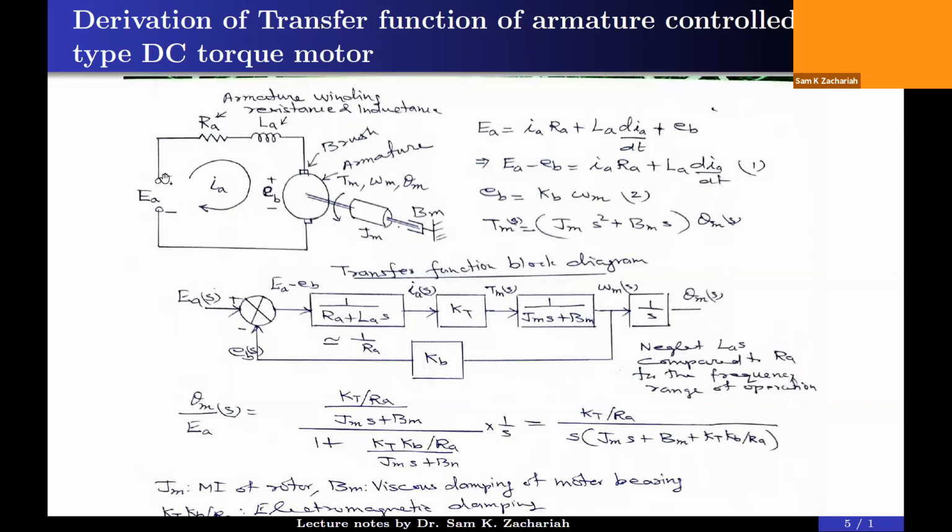Now suppose I remove the battery. That is simply an open circuit, equivalently replaced by making RA infinity. RA is equal to infinity in this expression, so this term will vanish. The damping is then only the mechanical damping.